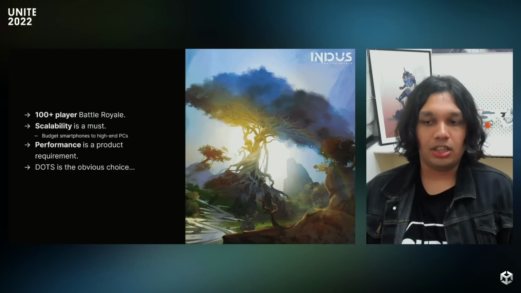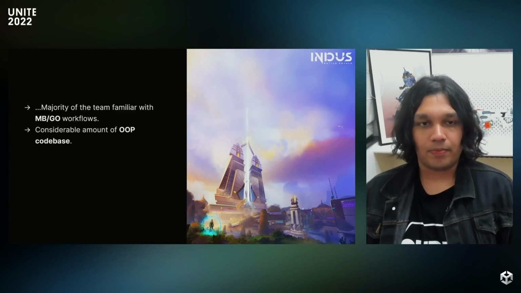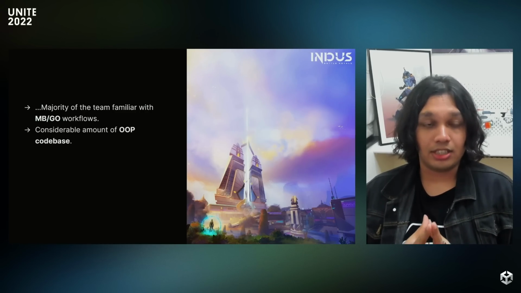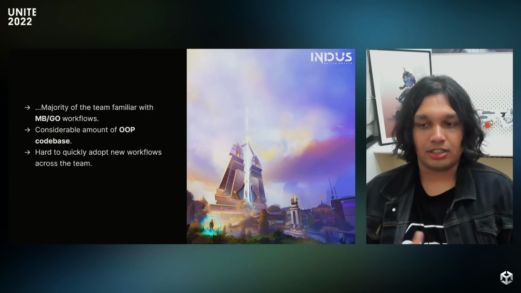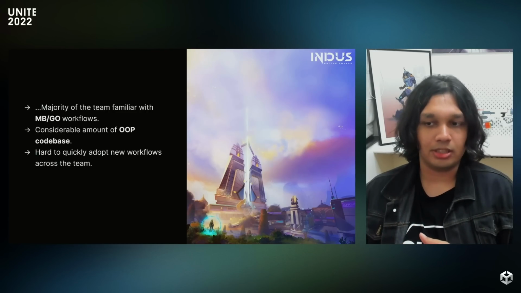So DOTS is the obvious choice, right? But we have the same issues as everyone else. Majority of the team is familiar with MonoBehavior and GameObject workflows, and we have a considerable amount of object-oriented code base. And just as everyone else, it would be really hard to quickly adopt a new workflow across the whole team.